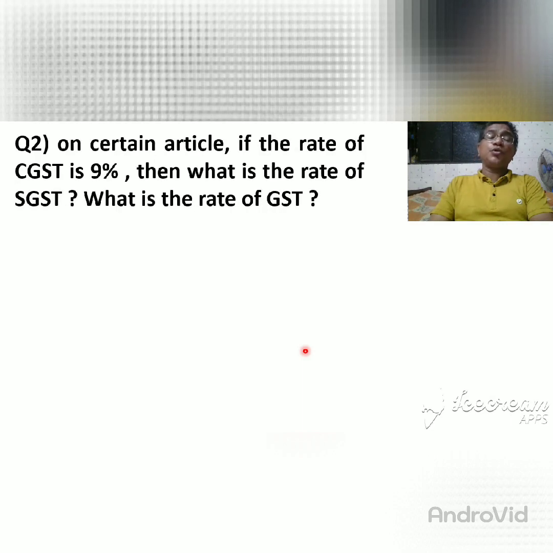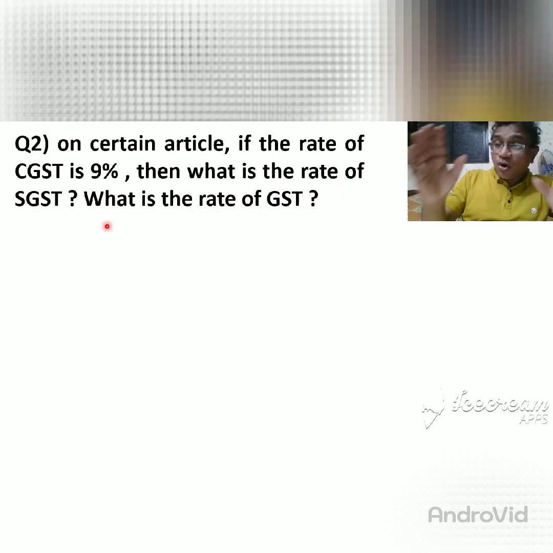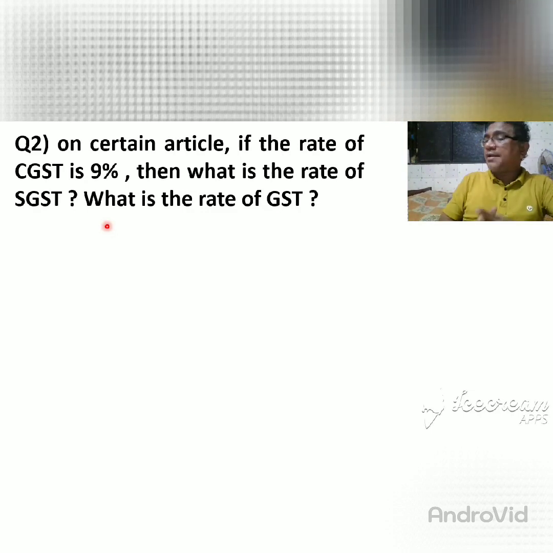Then we will see problem number 2. On certain articles, if the rate of CGST is 9%, then what is the rate of SGST? In the last problem I already explained that CGST is equal to SGST.